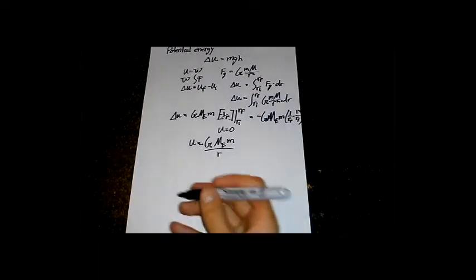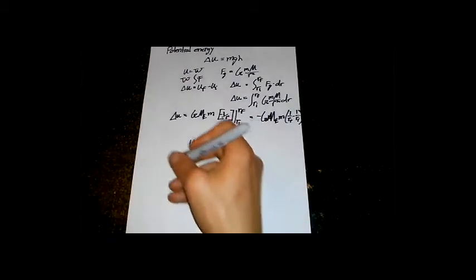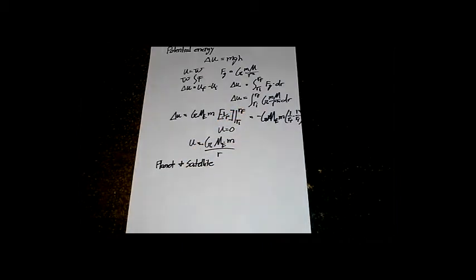Okay, so let's talk about a planet-satellite system where we can use this equation. When we have a planet and a satellite, like a geosynchronous satellite in orbit around the Earth, we're going to go ahead and consider them as one system.